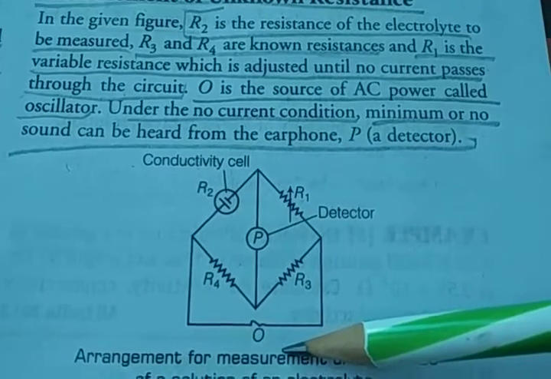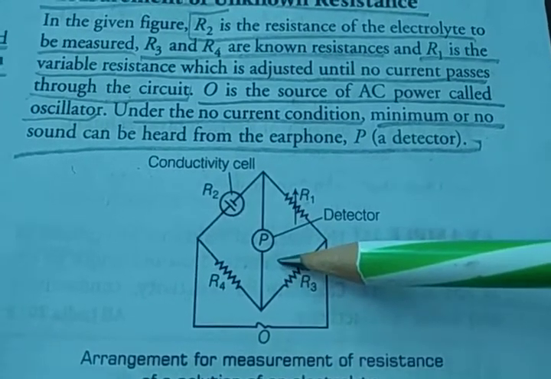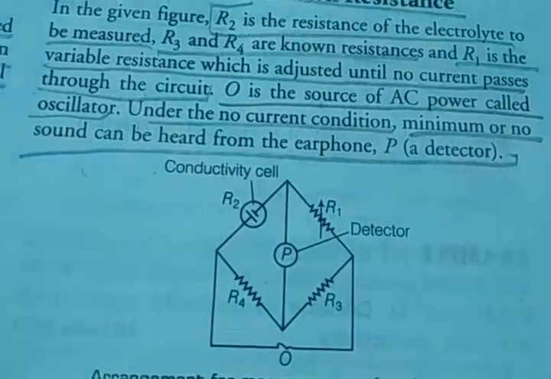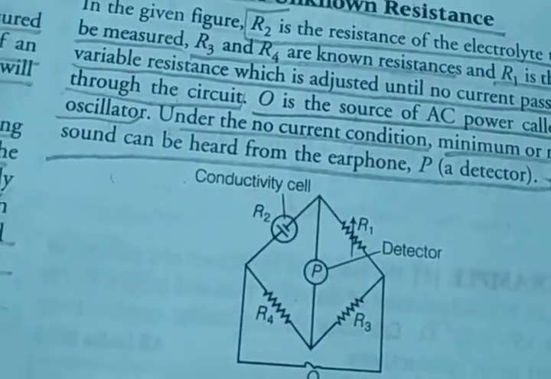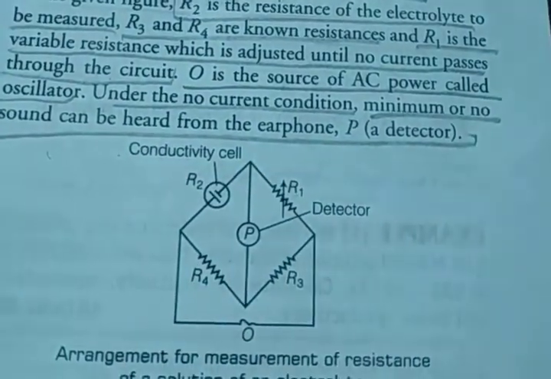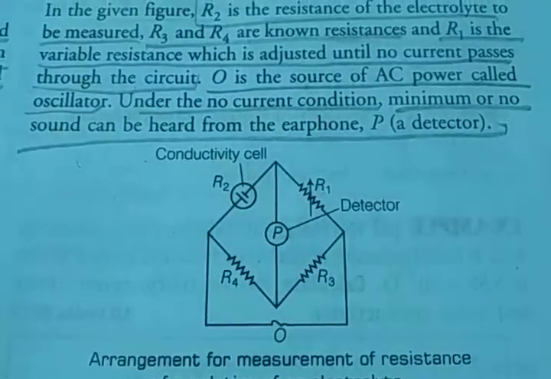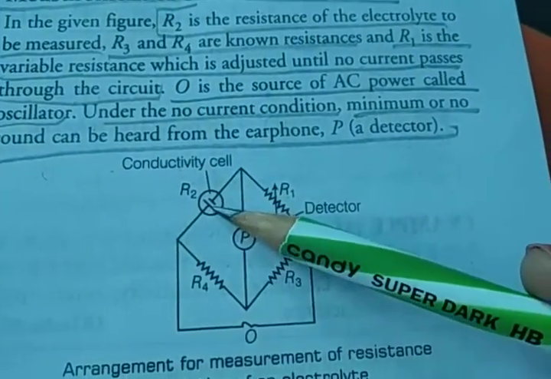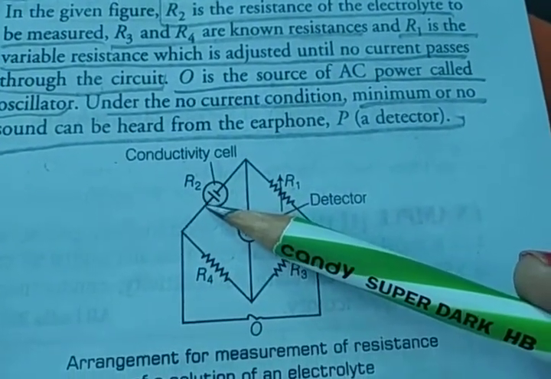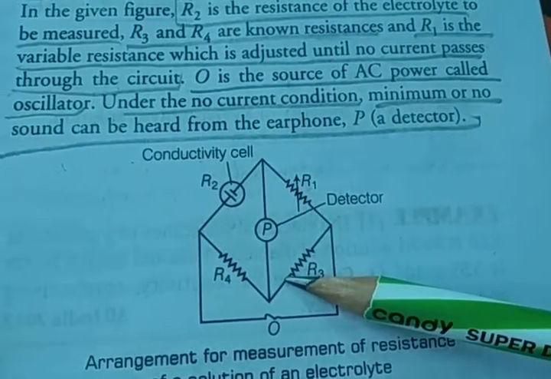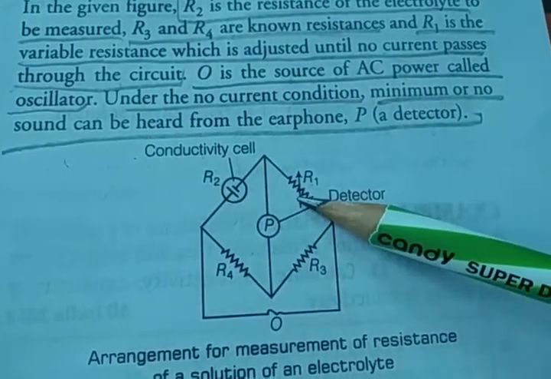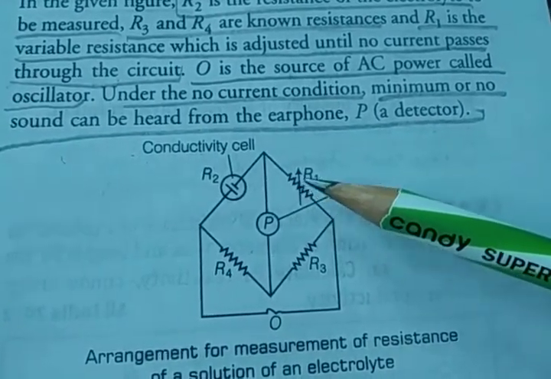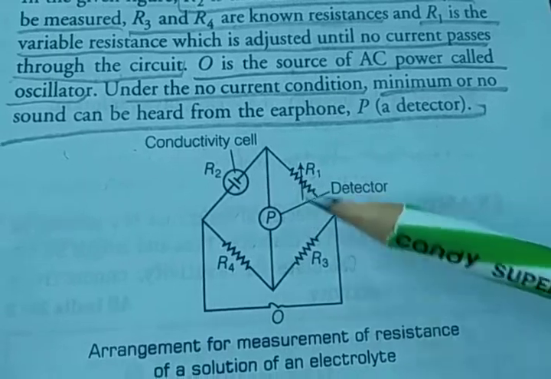So minimum or no sound can be heard from the earphone, the detector P. Again I say, R2 is the resistance of the electrolyte to be measured, R3 and R4 are known resistances, and R1 is a variable resistance which is adjusted until no current passes through the circuit.